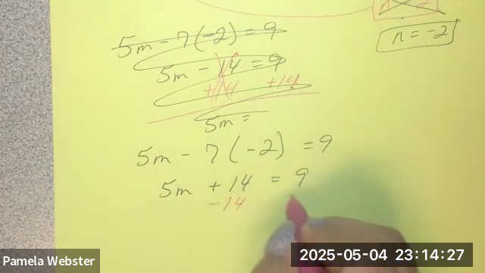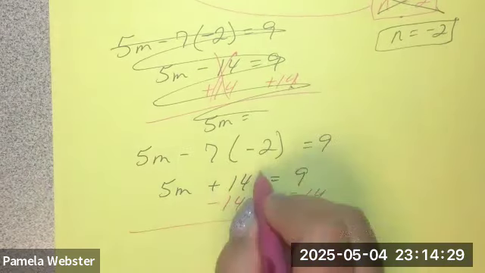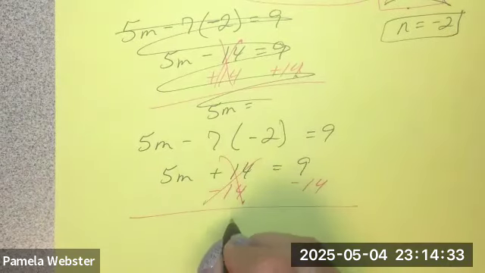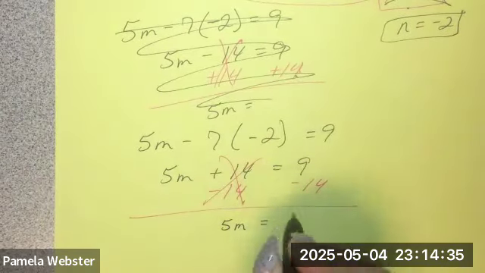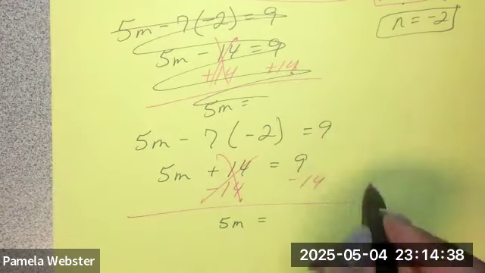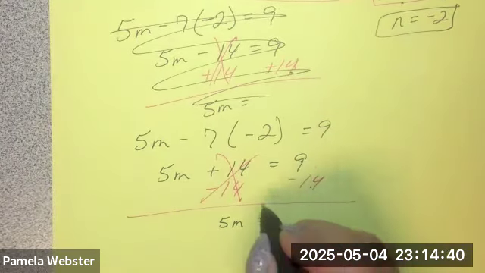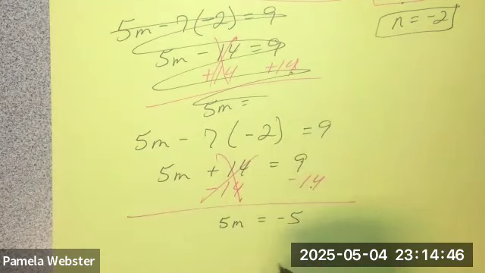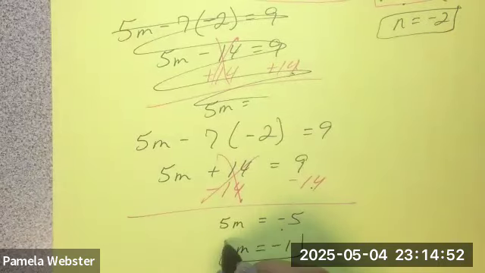Whenever I go to subtract 14, it's just the sign, the difference of a negative sign. It makes a huge difference. 5m equals 9 minus 14, which is negative 5 instead of 23. I knew it should have gone in evenly, and I was like, ew, that's ugly. That's not right. Okay. Divide by 5. m equals negative 1.